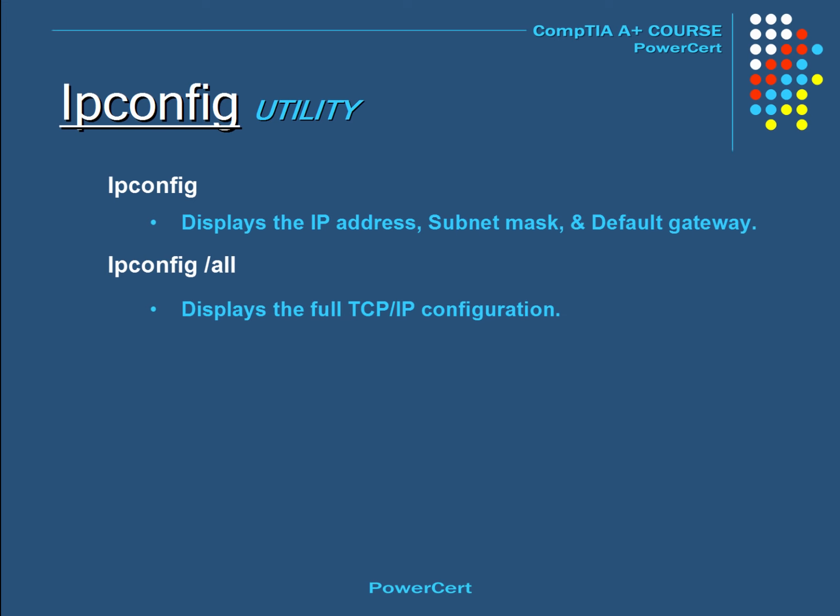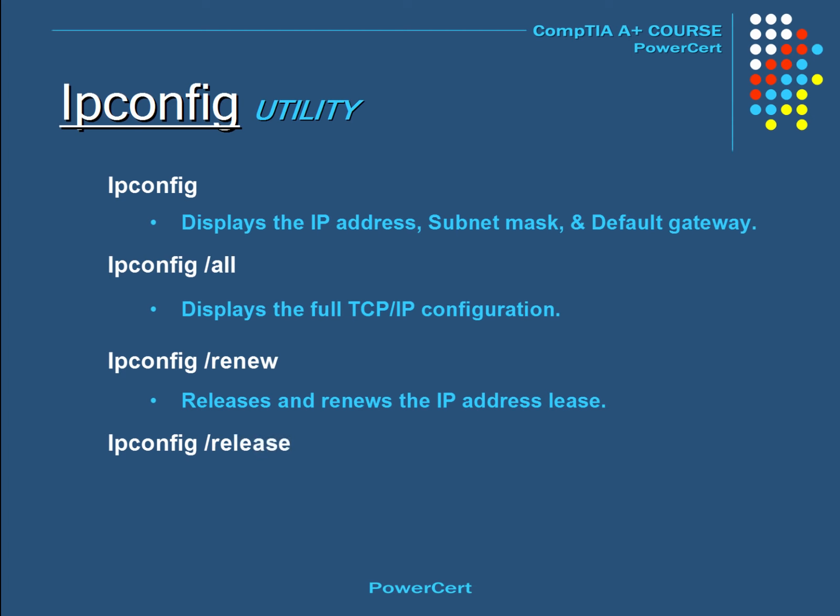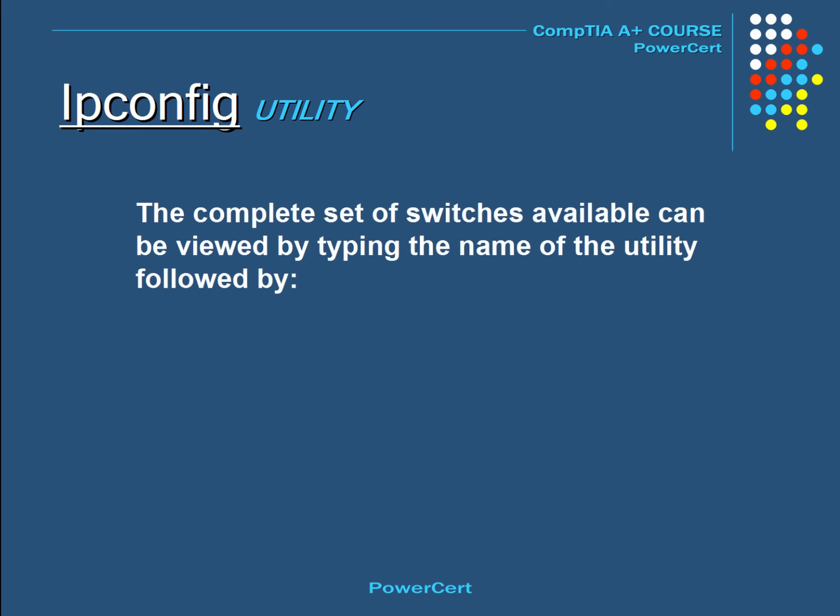When we use ipconfig /renew, this releases and renews the IP address lease given to us from the DHCP server. And ipconfig /release releases the IP address but does not renew it. To see a complete list of all the switches that can be used with ipconfig or any command utility, just type in the name of the utility, space, and put a / and a question mark. And that'll show you all the switches that are available.